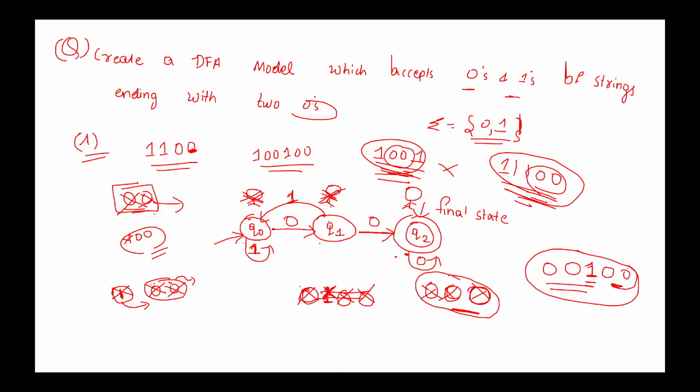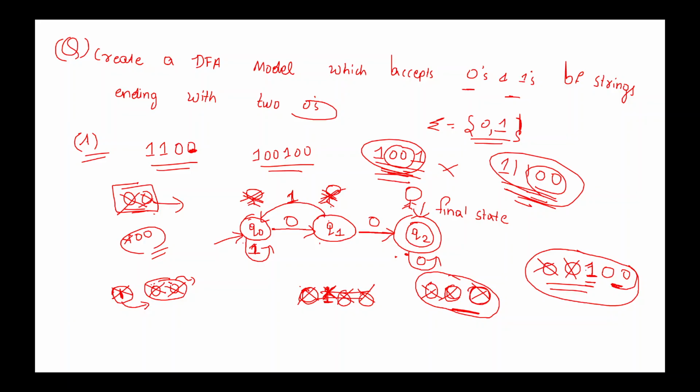So I add two zeros to fulfill my requirement. Now for this string, I have to make the path so that q2 on 1 is also defined. With the first 0, we end up at q1, because q0 on 0 is q1, and then q1 on 0 moves to q2. We are reaching the final state, but this is not the end of the string. There is still more of the string.